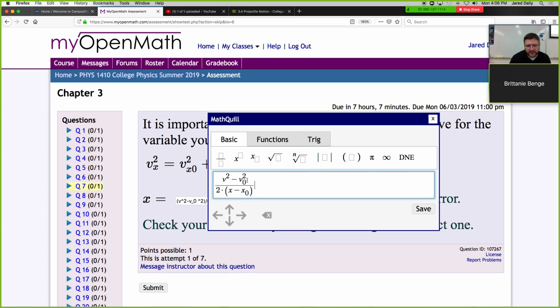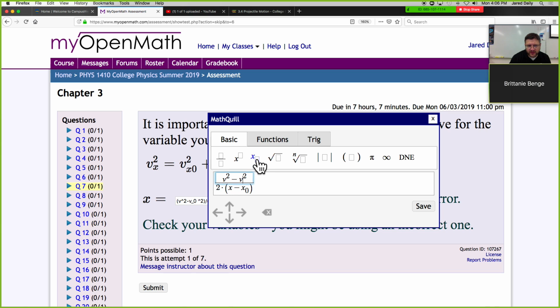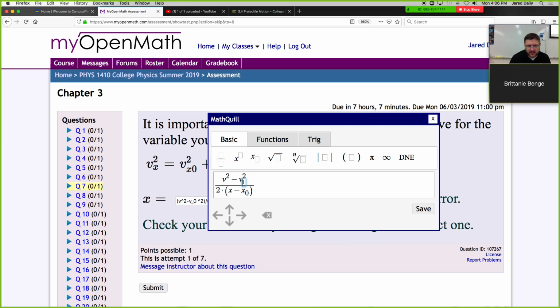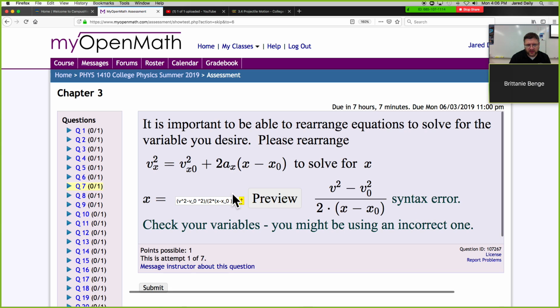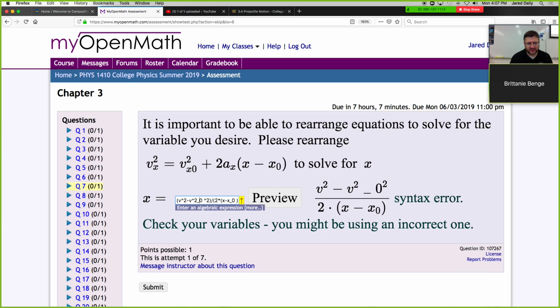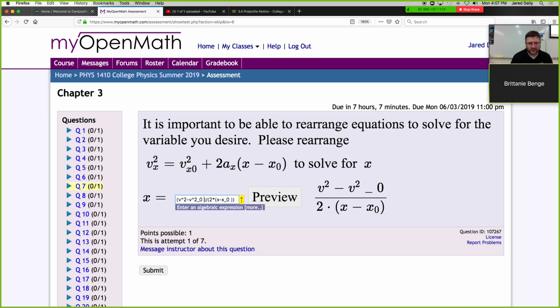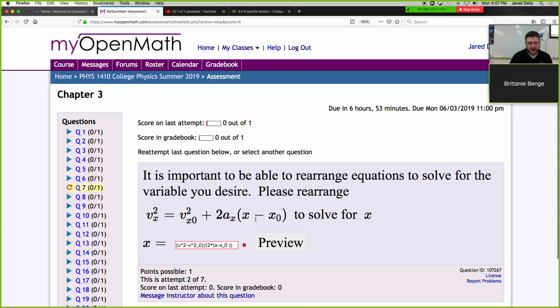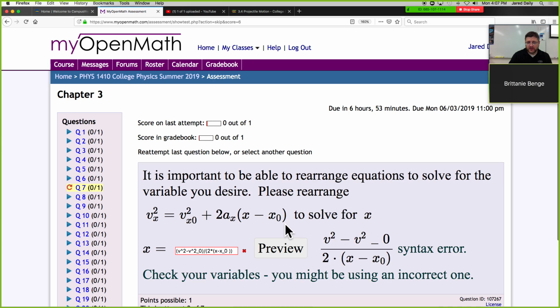Come on already. I don't know what it's doing. So it's saying it's V0. Doesn't like that, so let's do it this way. I don't know why it's not doing either one of those.